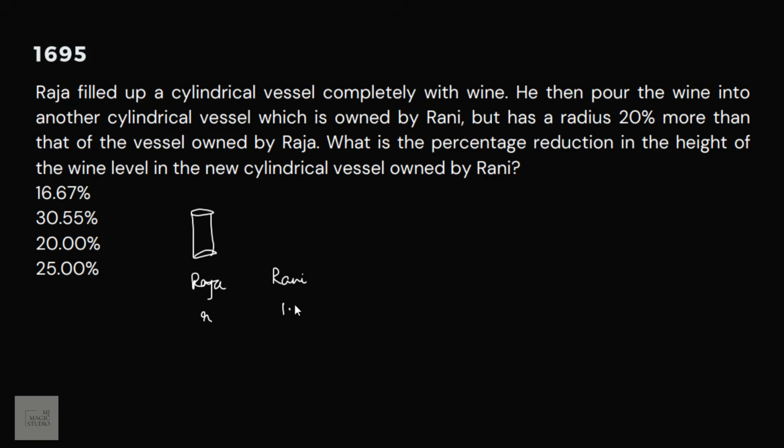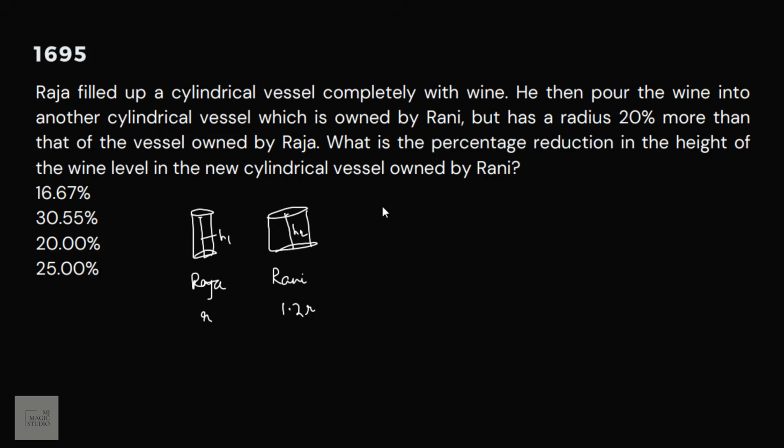That means if radius here is R, here the radius is 1.2 R. What is the percentage reduction in the height of the wine level in the new cylindrical vessel owned by Rani? That means we are just looking for the height ratio, H1, H2, if volume is the same.